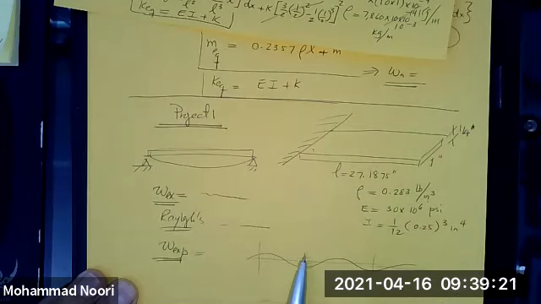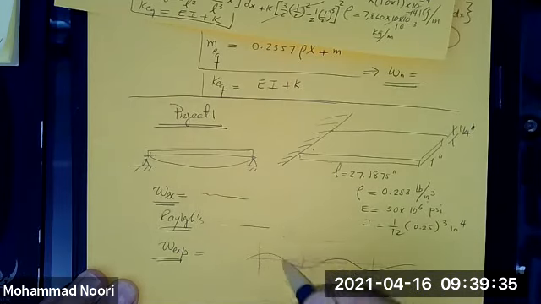Let's say you measure how many times in 1 second you count the cycles, how many times per second it reaches the peak displacement as you are disturbing it. It goes like this, right? Peak to peak. How many times in a second?